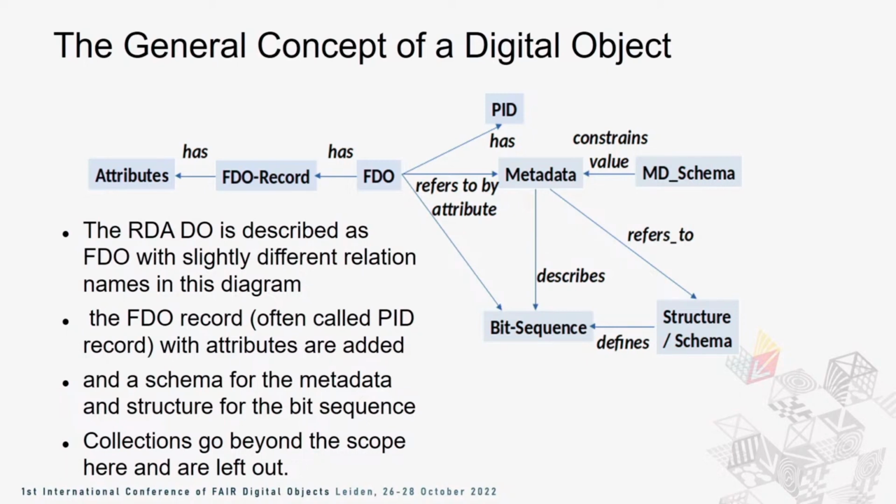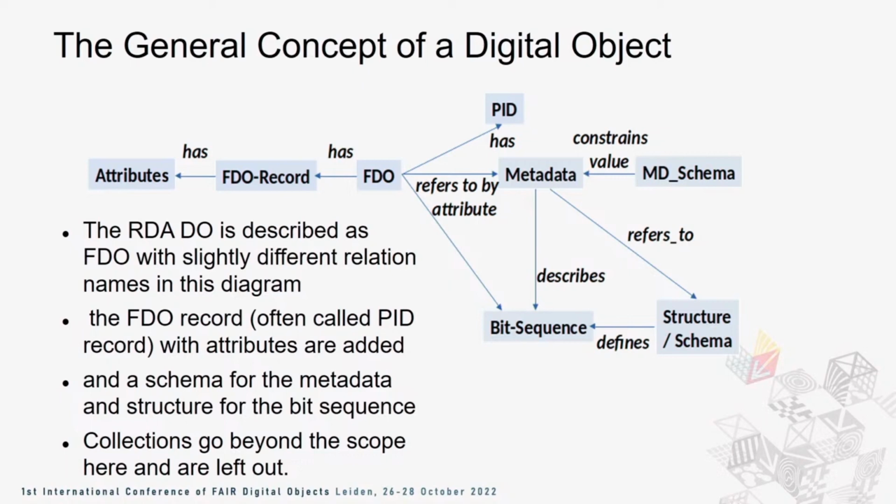And what you see here also is that the metadata essentially also has some structure. There must be a schema for that. And also the bit sequence might have a structure.